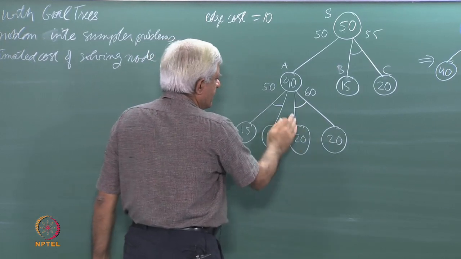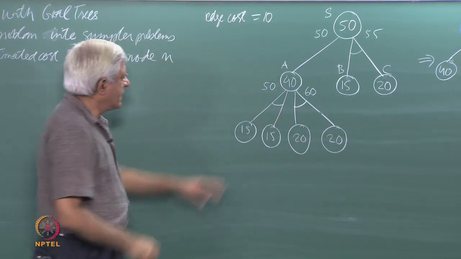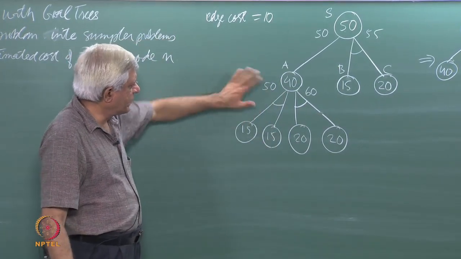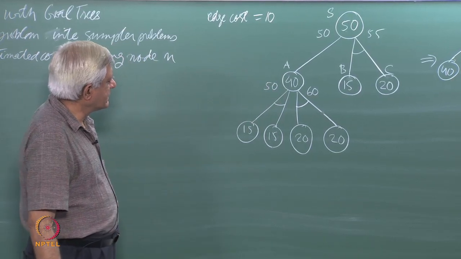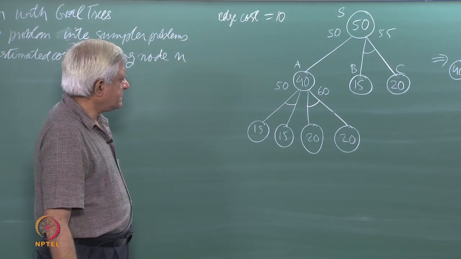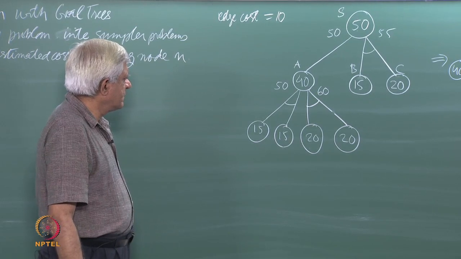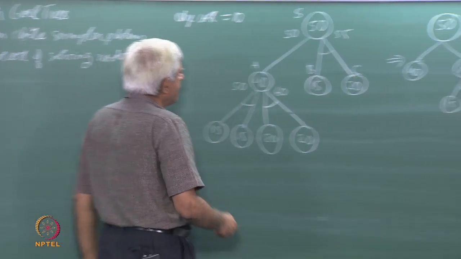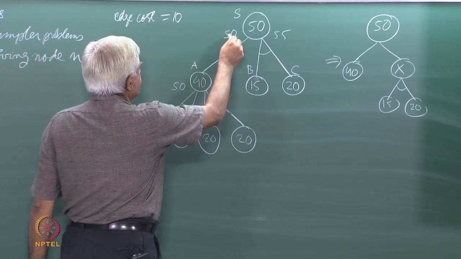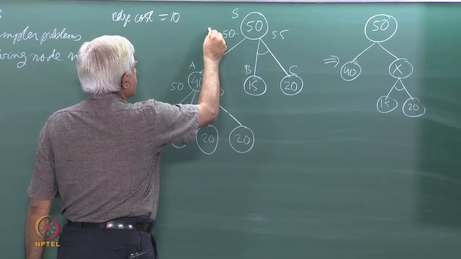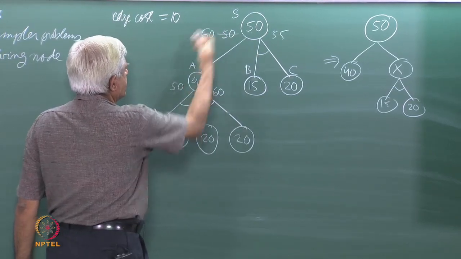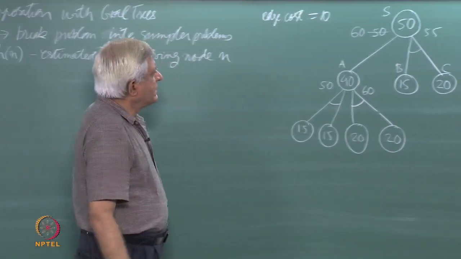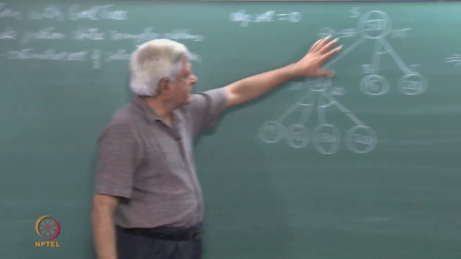So, 20 plus 20 plus 10 plus 10, so that is 60, and likewise this is 15 plus 10 for each arc, 60. So, I have to revise this cost now, this becomes 60 because this is 50 and this is 60, 50 plus 10, 60 essentially.